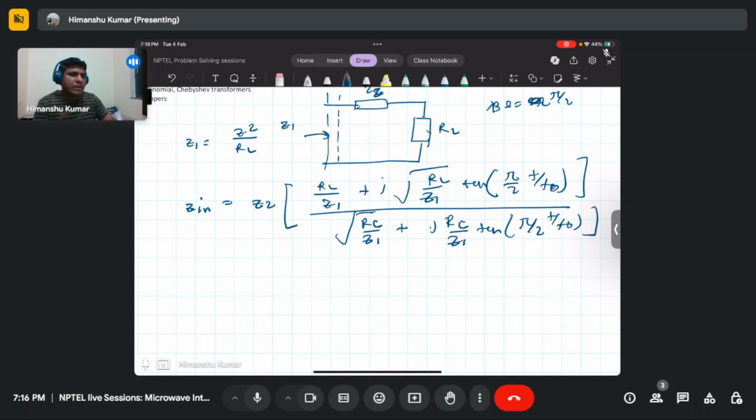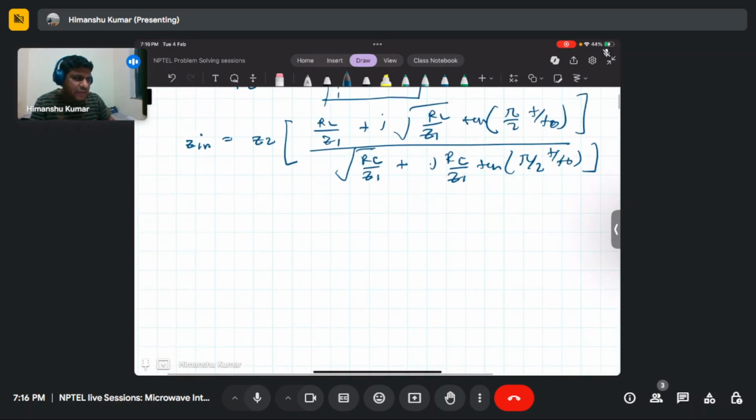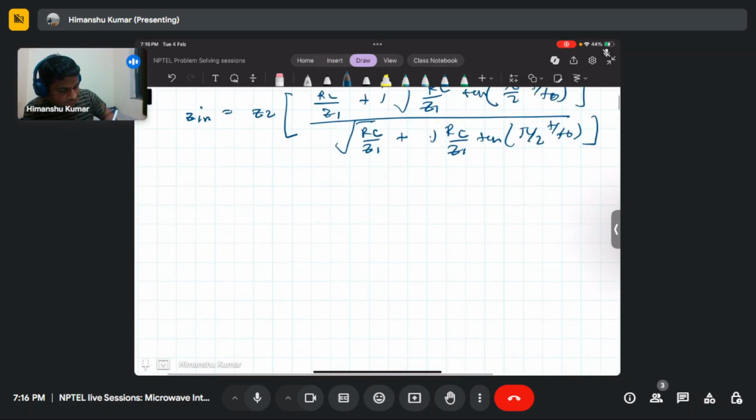So this is your input impedance, and you can write the reflection coefficient at the input as Z in minus 1 divided by Z in plus 1.